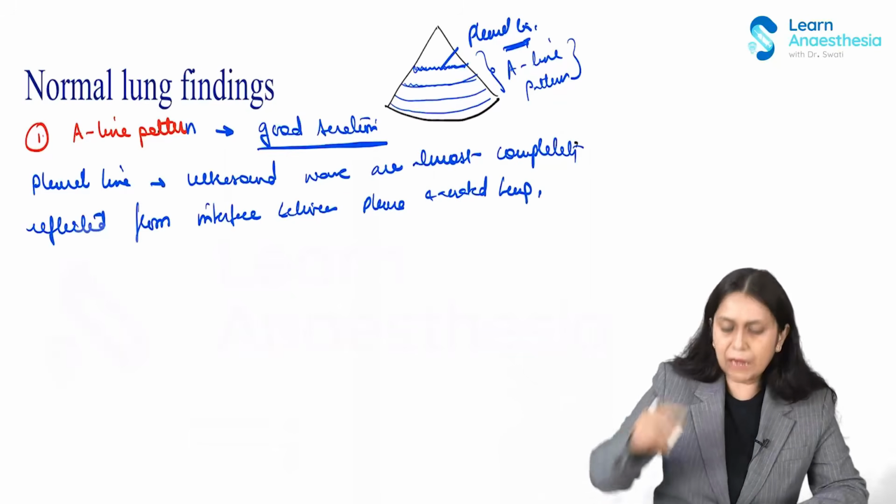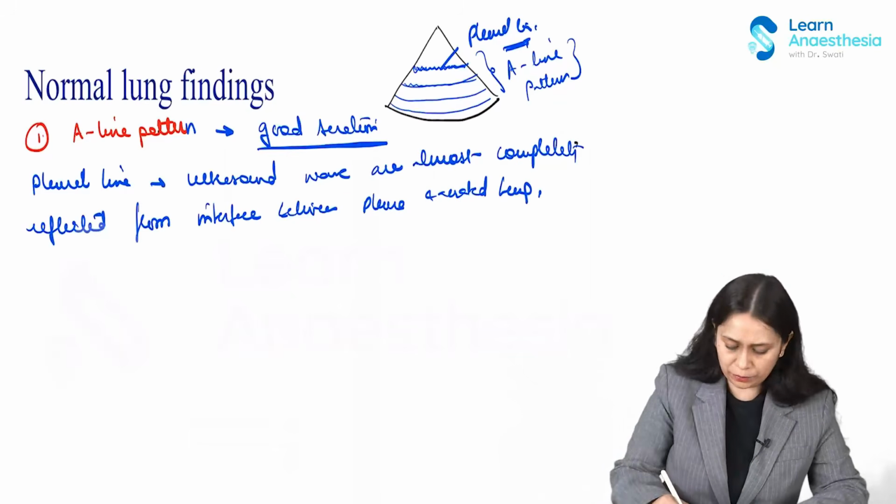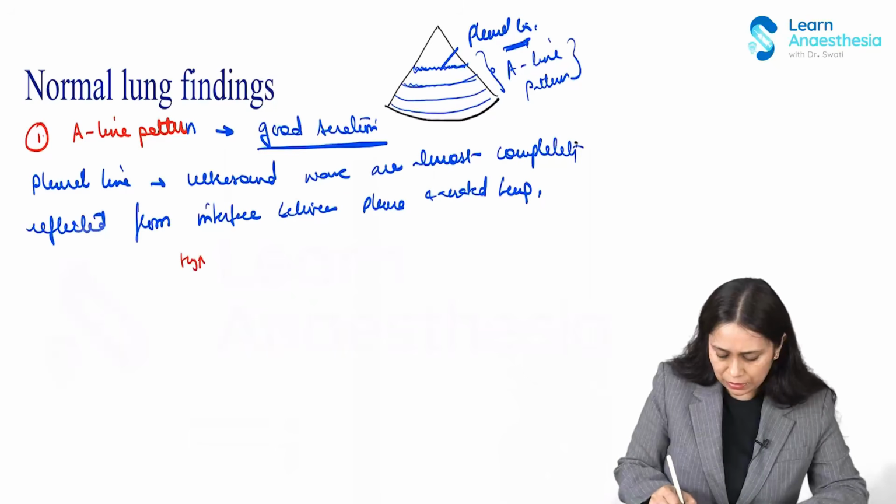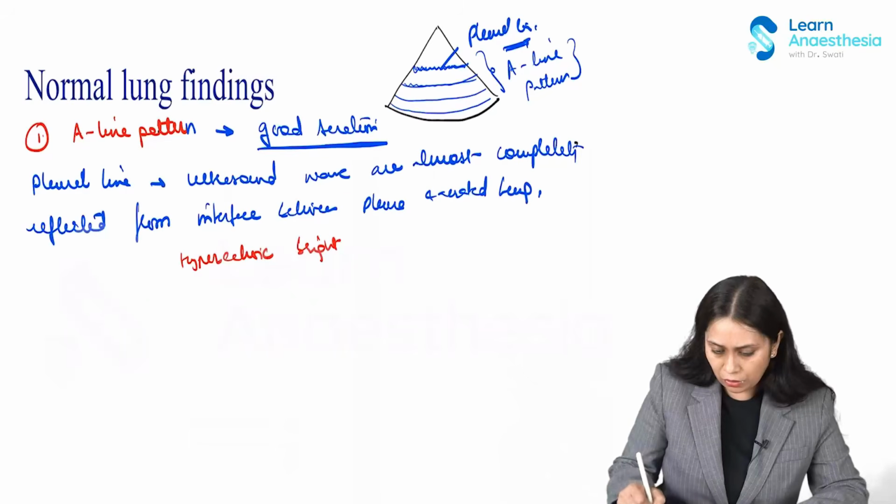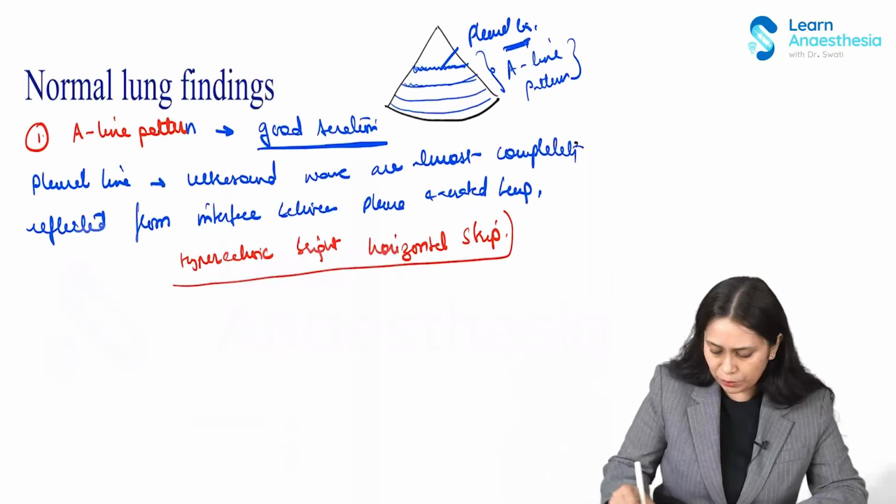So we get a hyperechoic bright horizontal strip, right? So this normal image is called the pleural line.